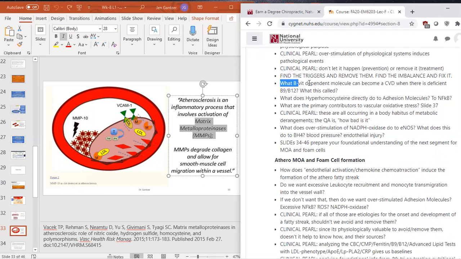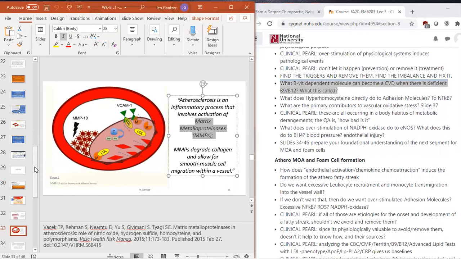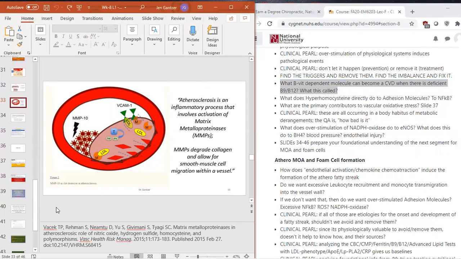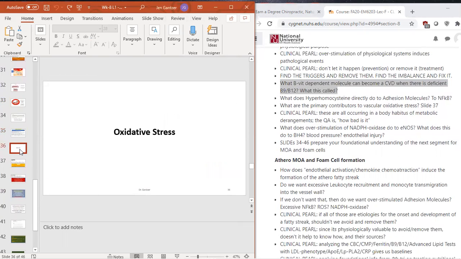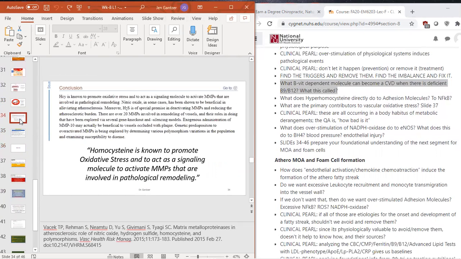So what B vitamin dependent molecule can become a cardiovascular disease risk when there is a deficient B9 or B12? Ooh, remember our methionine cycle. Our methionine cycle is going to recycle homocysteine with a methyl transfer of methyl B9 to methyl B12, which puts the methyl group onto homocysteine, and we regenerate methionine as we keep homocysteine from being elevated in the blood supply.